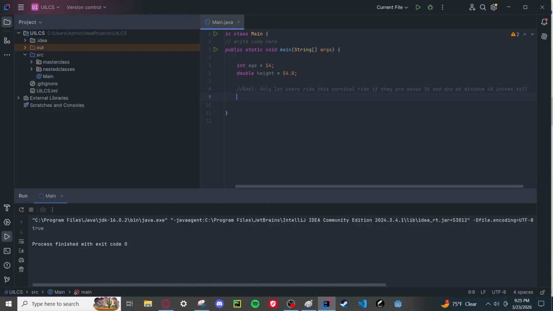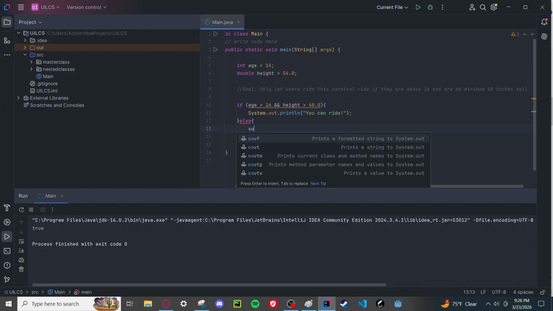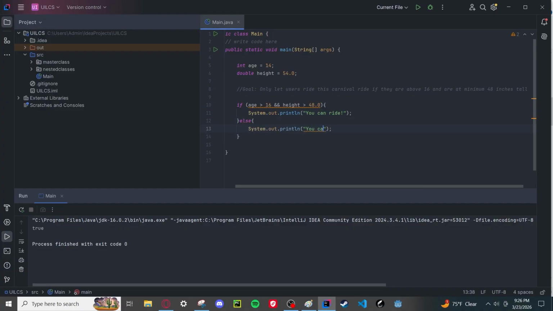It's like, what, 4 feet? So we can write that with an if statement. If age is greater than 16 and height is greater than 48.0, if this is true, then let's print out you can ride. And if it's false, then let's print out you cannot ride.